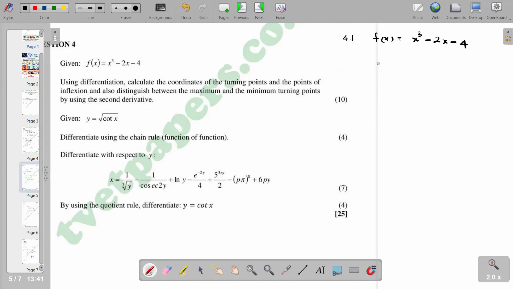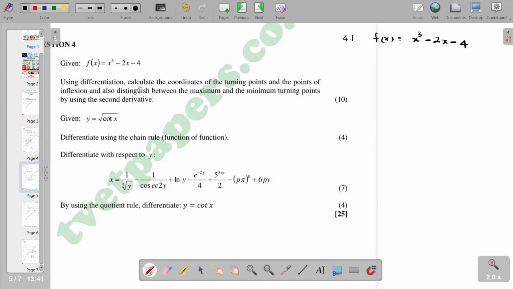This is what we are given. Then the question is saying, using differentiation, calculate the coordinates of the turning points and the points of inflection, and also distinguish between the maximum and the minimum turning points by using the second derivative.